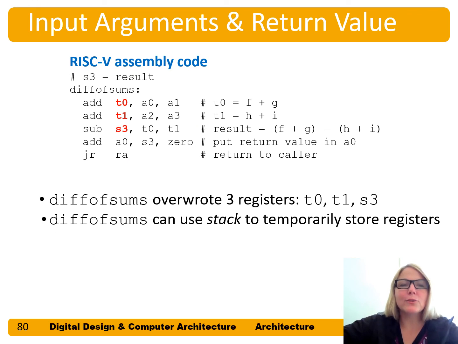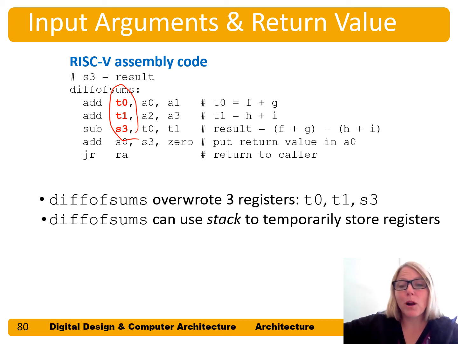So there's a bit of an issue here. In our code, diff of sums, the callee function overwrote 3 registers, T0, T1, and S3. But if the main function, the caller, was using those registers and wants to use the values that it had in those registers after the call, they just got overwritten.